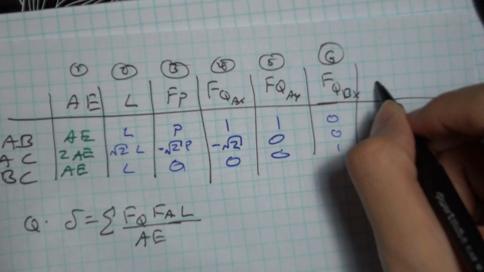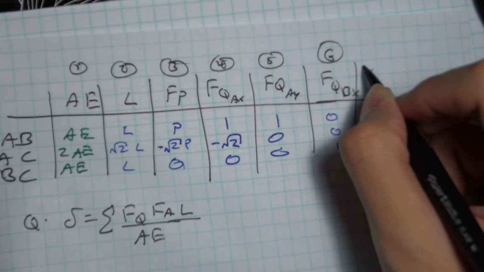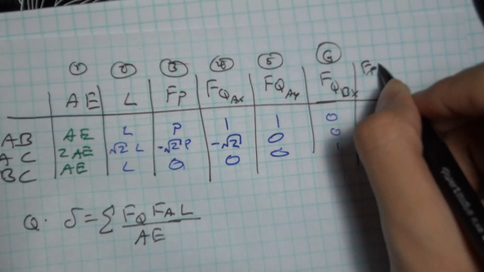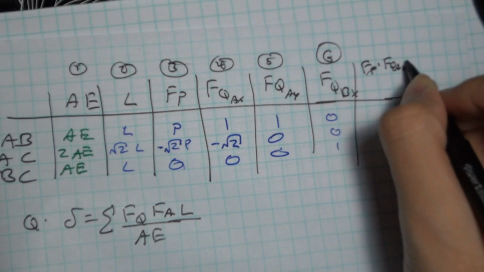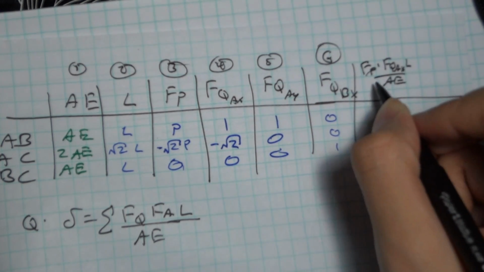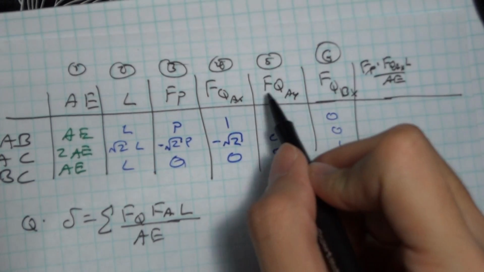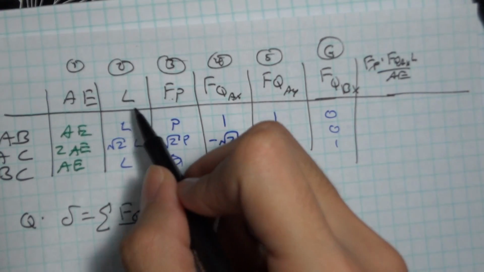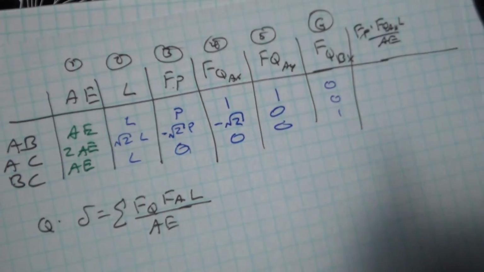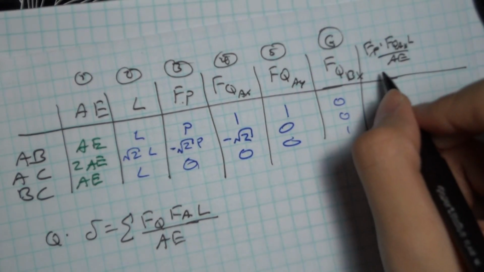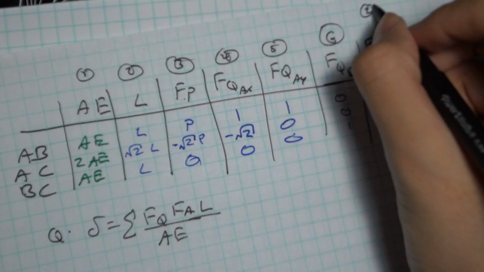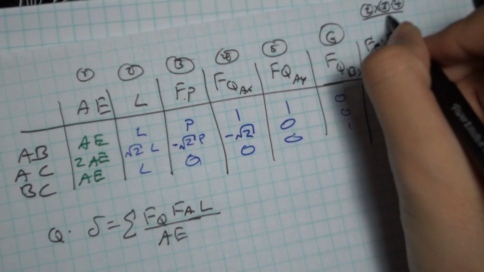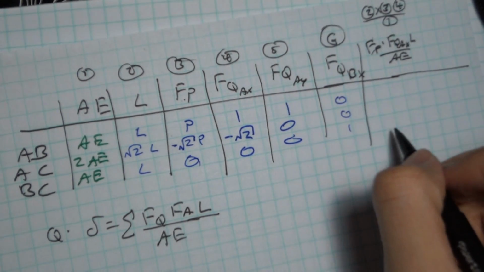Then this is going to be FP, FQ, AX, L over AE, which is column 3 times column 4 times column 2 divided by column 1. So it's going to be 2 times 3 times 4 divided by 1 in each of these rows.